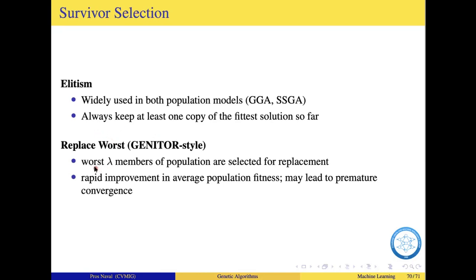Here we select the worst lambda members of the population for replacement. And this will result in a rapid improvement in the average population fitness, but may lead to premature convergence.